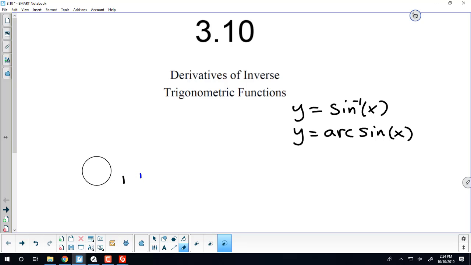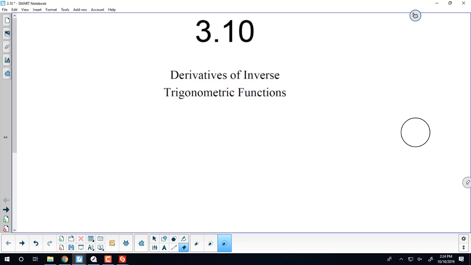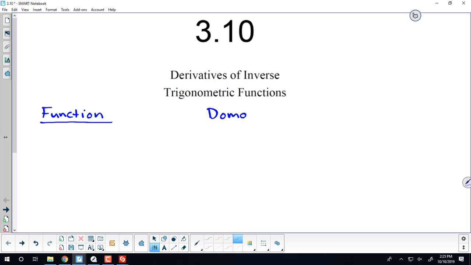So before we look at derivatives here, let's remind ourselves for each inverse trig function what the domain and the range were. So we'll have our function, the domain, and the range.